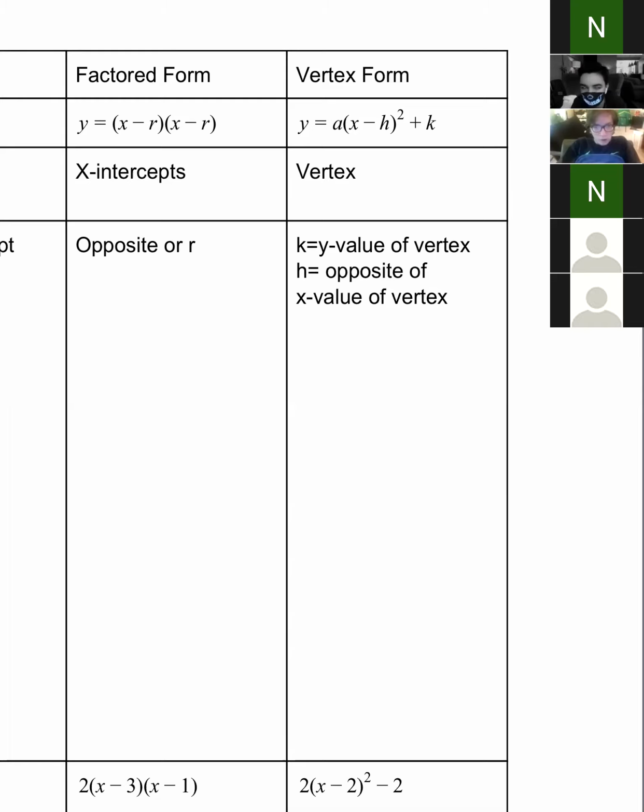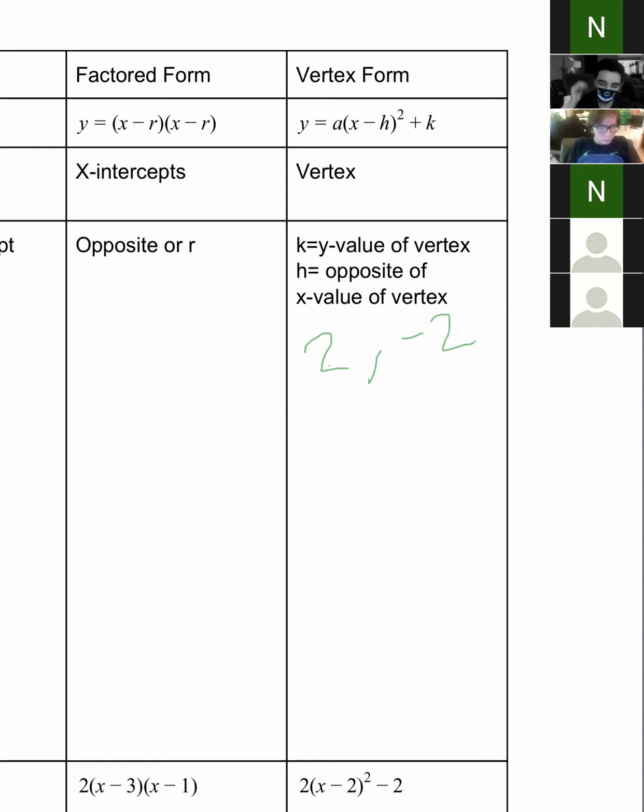So Hudson, can you tell me what the vertex is on your graph? For the one we have right now? Uh-huh. It's -2, 2, or 2, -2. 2, -2. So we have 2, -2.